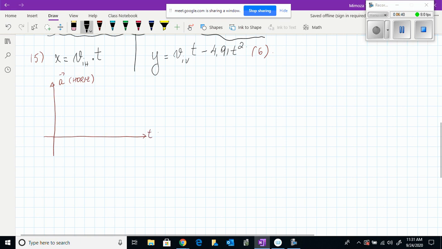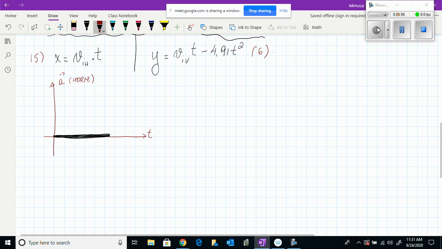In the horizontal, we have a 0 acceleration because we have a uniform motion. So during the whole time, the acceleration is equal to 0.